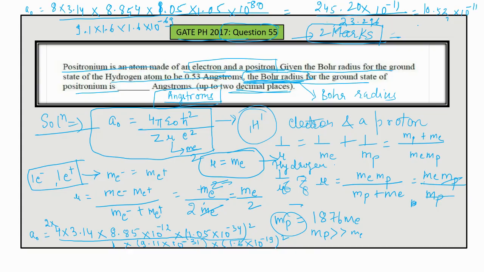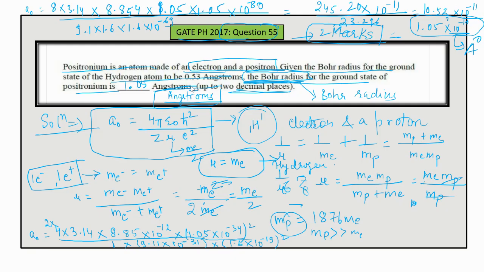You will take this point to the left hand side. So what you will get? 1.05 into 10 raised to the power minus 10. And you know this 10 raised to the power minus 10 is angstrom, right? So the answer will be 1.05 angstrom. I am counting in angstrom because you have to find the value in angstrom. Okay. I hope this question is clear to everyone.